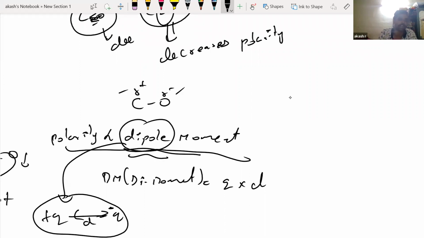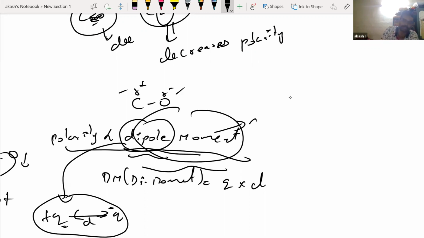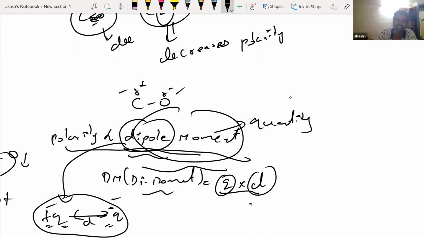Dipole is the arrangement, while dipole moment is the physical quantity. This is the formula for dipole moment. A dipole is equal and opposite charge separated by a distance. So the dipole moment formula is q into d, that means how much charge I have into the distance of separation. What is the distance between them?